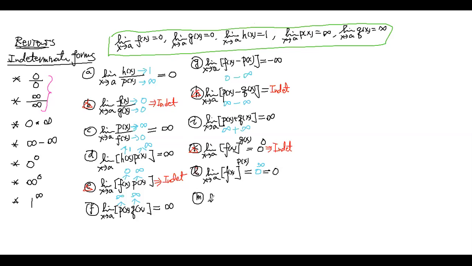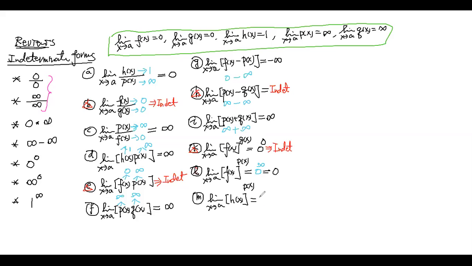And then the next one we talk about is part M. This is the limit as x approaches a of h(x) to the p(x), right? Now let's see what happens here. When p(x) is infinity, h(x) is 1, right?